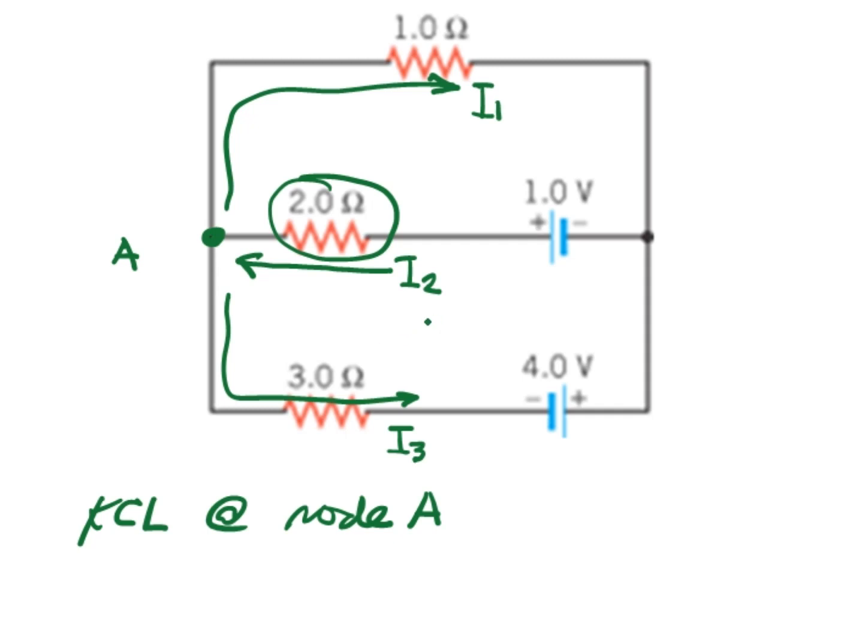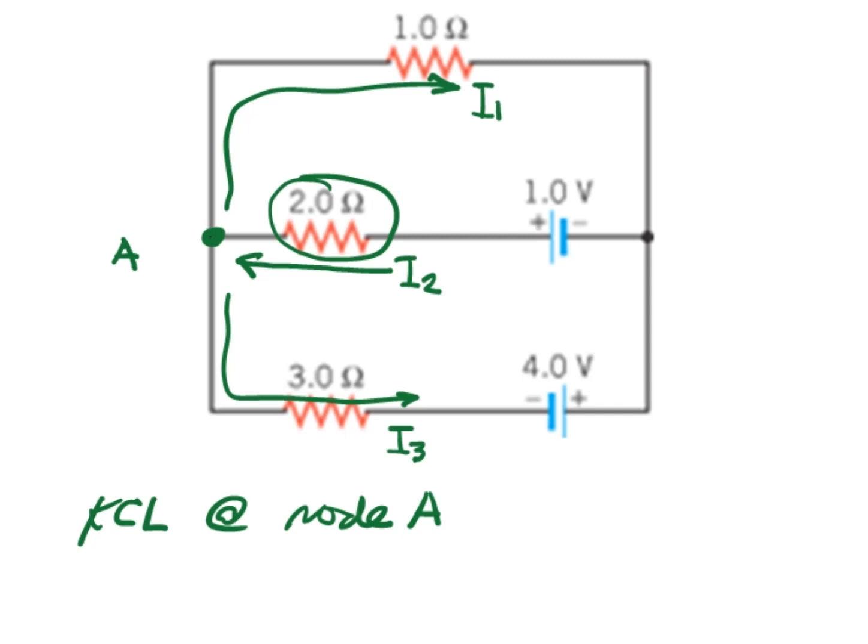Now from this flow of current, let us assign terminal poles for these resistors, the positive and negative sides. Let us be consistent with our convention. For example, if we assign that where the current goes in is positive and where the current goes out is negative, then let us be consistent for all the resistors.